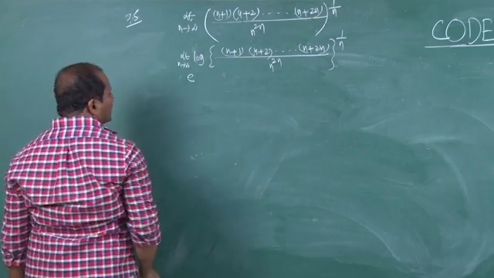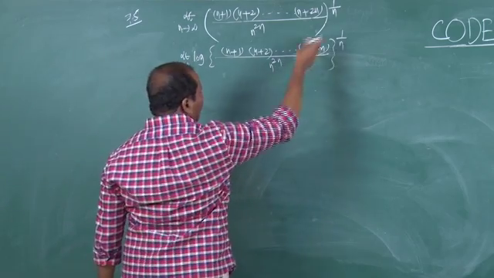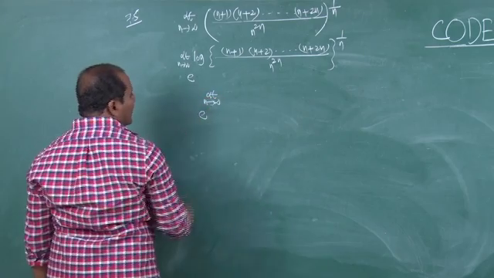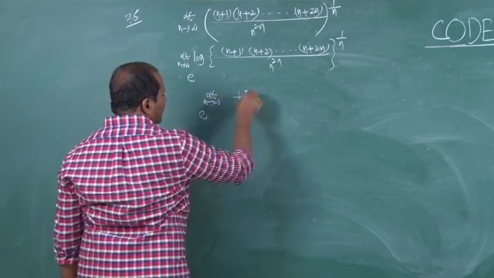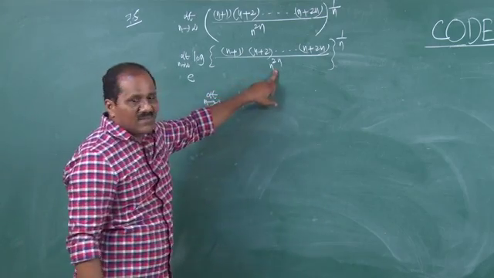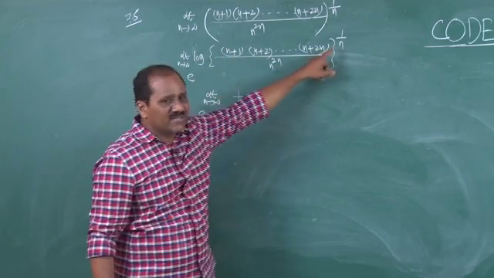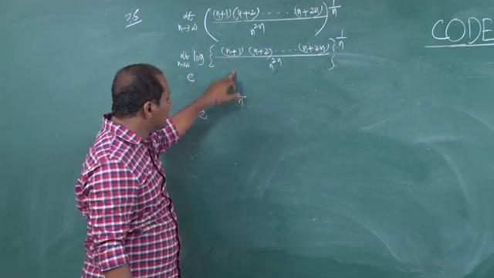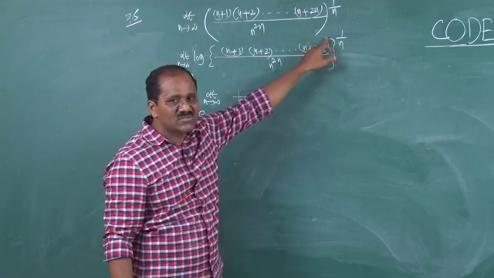When 1 by n comes outside, this is in the form of the logarithm, log x power n equal to n log x. So, e power limit n tends to infinity 1 by n into sigma. See, the denominator is in the form of n power 2n. Since the numerator contains 2n terms, adjust every n to each term. So, (n plus 1) by n, (n plus 2) by n, and so on up to (n plus 2n) by n.